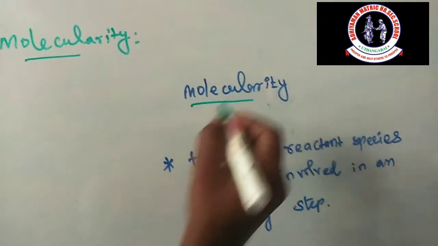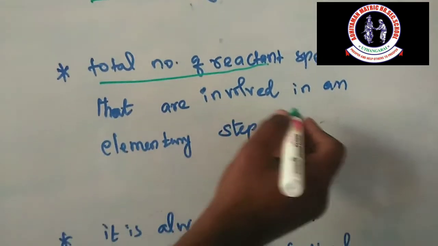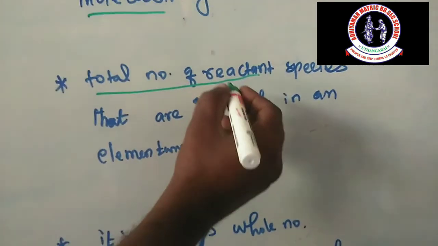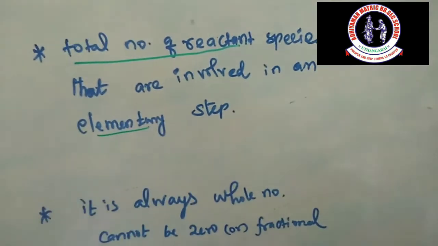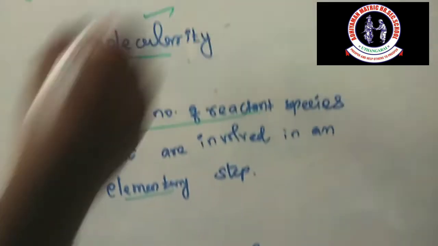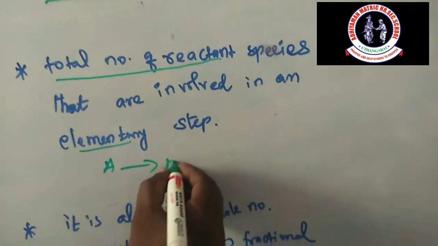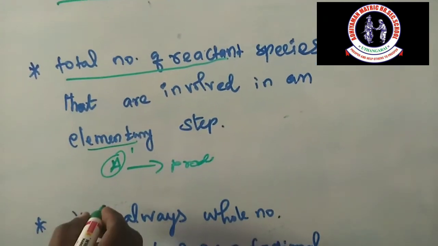Next, molecularity means the total number of reactant species that are involved in the elementary steps. How many reactants are involved in the elementary step of the reaction? That is molecularity. For example, A gives product: here molecularity is 1.